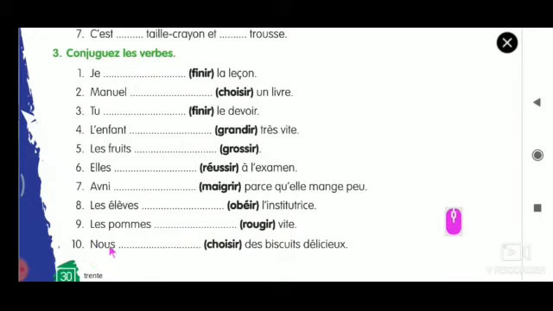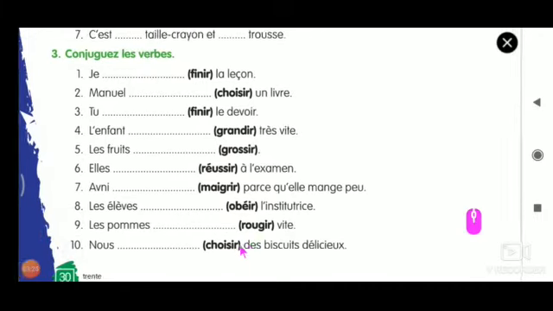10th one. Nous dash choisir des biscuits délicieux. Nous choisissons. Already we have seen the choisir verb example here, the same verb. Nous choisissons des biscuits délicieux.